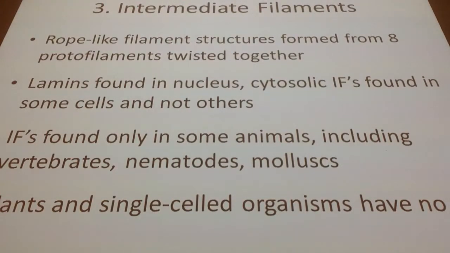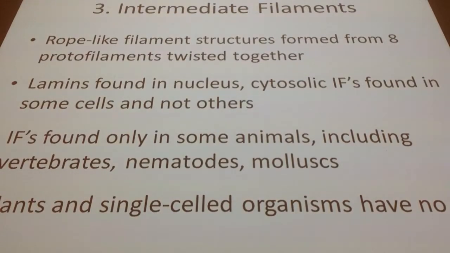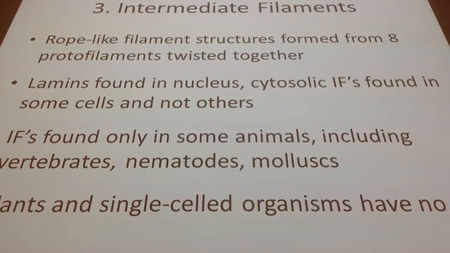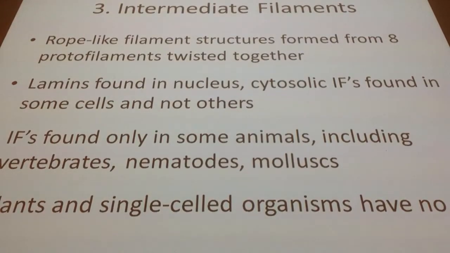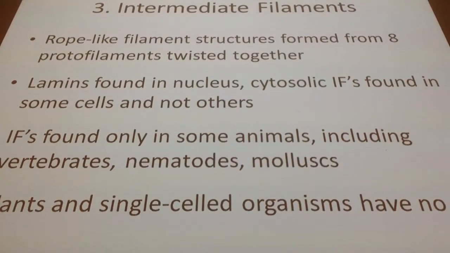Another major difference between intermediate filaments and both microfilaments and microtubules is that intermediate filaments are very, very stable. They're not dynamic. That's the second difference. And the third difference is that intermediate filaments are not polar. The two ends look the same. Right? The two ends are not different.